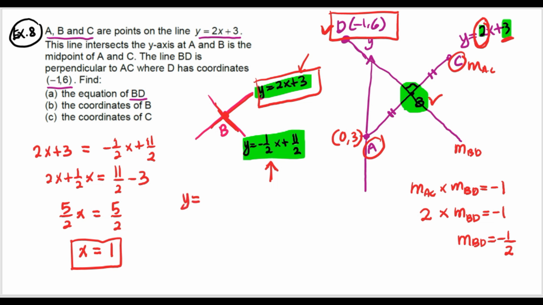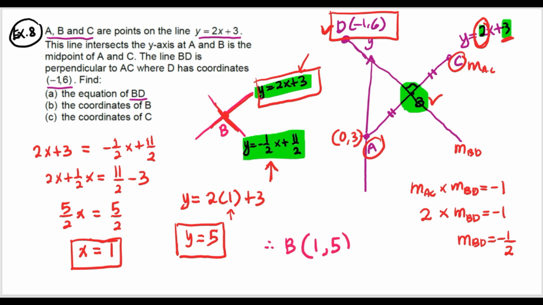So y is equal to 2 multiplied by 1 plus 3, which gives y equal to 5. Therefore, we have the coordinates for B, which is 1, 5. So this is the x value and this is the y value.